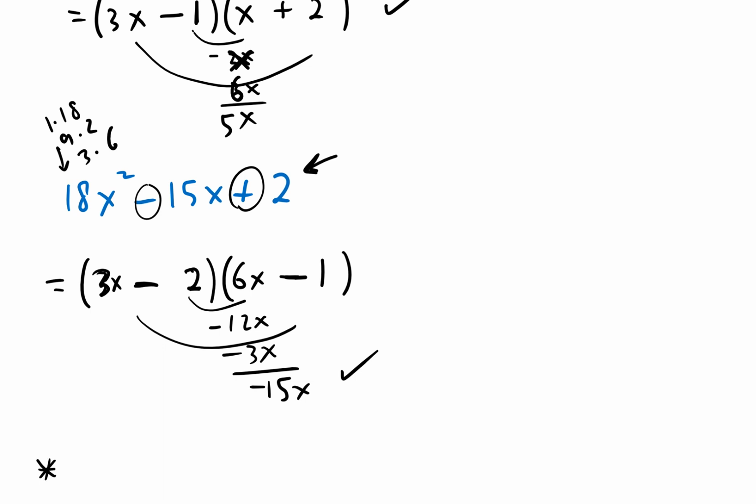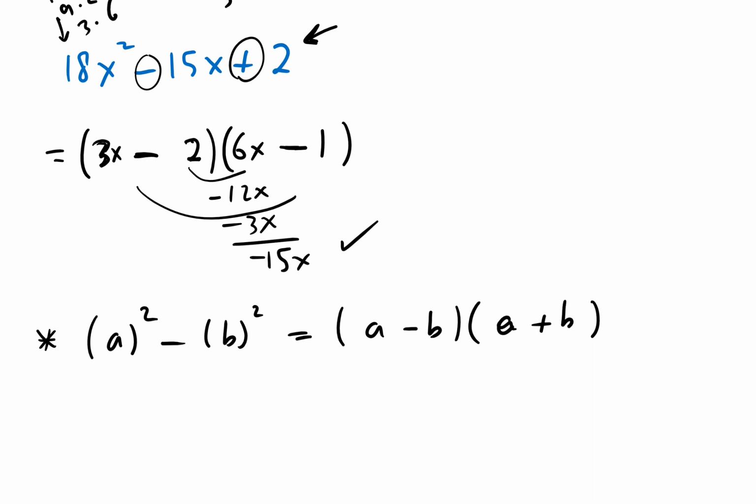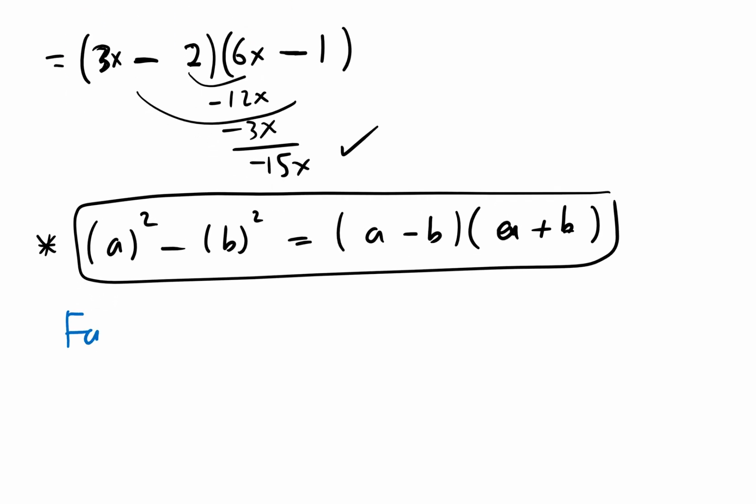Next type of factoring, we call it difference of squares, when you have a squared minus b squared. The formula says, cover the exponents, you get a minus b times a plus b. To practice on this, let's factor, say, m squared minus 25.